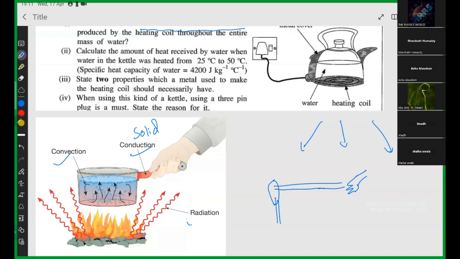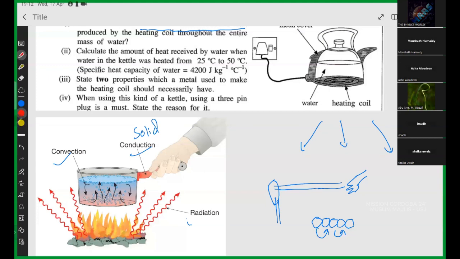So how does this happen? Let's see, these are the particles, the atoms of the metal rod. The heat energy is actually the vibrational kinetic energy. We know that the atoms in solids can only vibrate. Because of the vibrations of these atoms, that energy will be transmitted from one atom to the other, and finally it will reach your hand. So this is conduction.